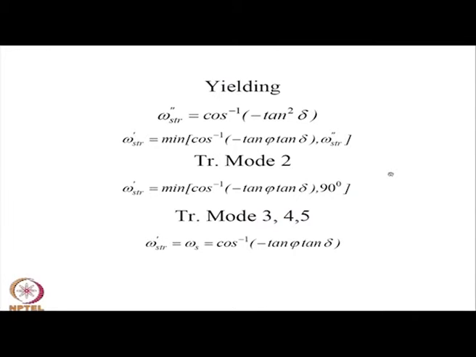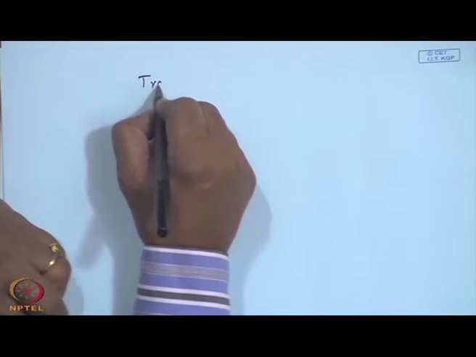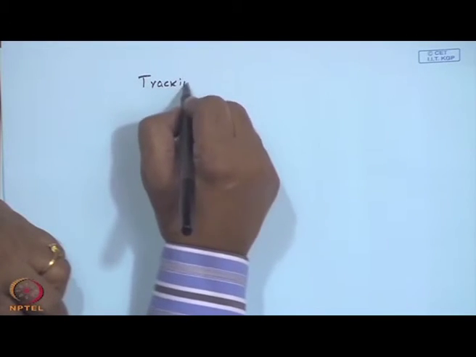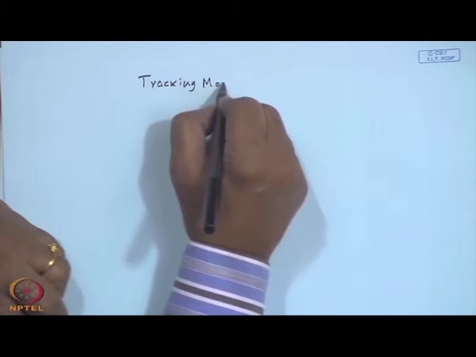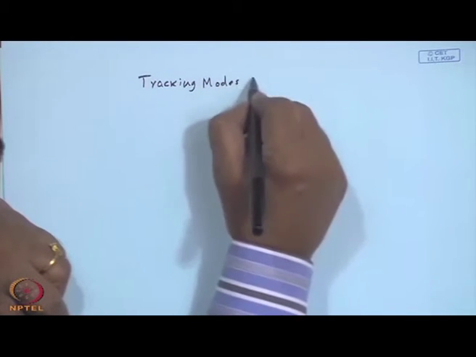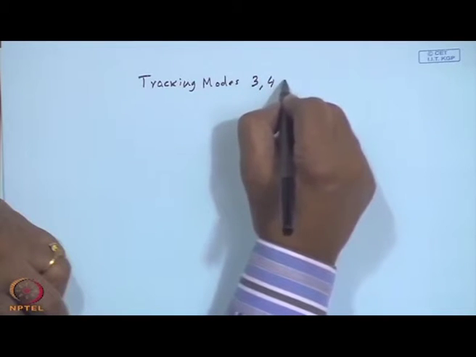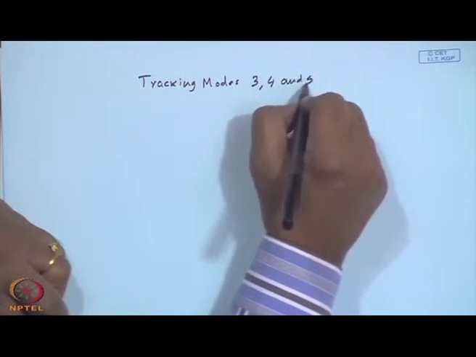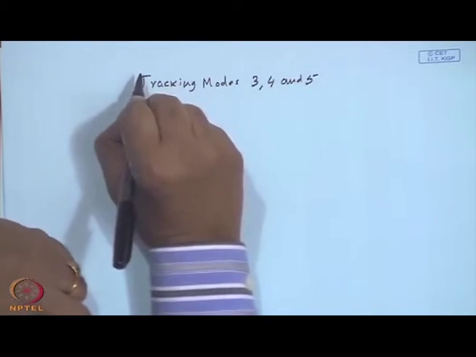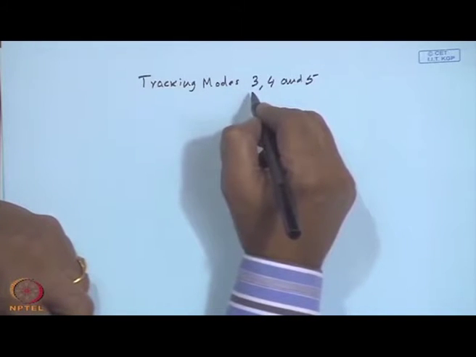For tracking modes 3, 4 and 5, 3 is a horizontal north south axis facing east in the sunrise time and facing west at the sunset time.